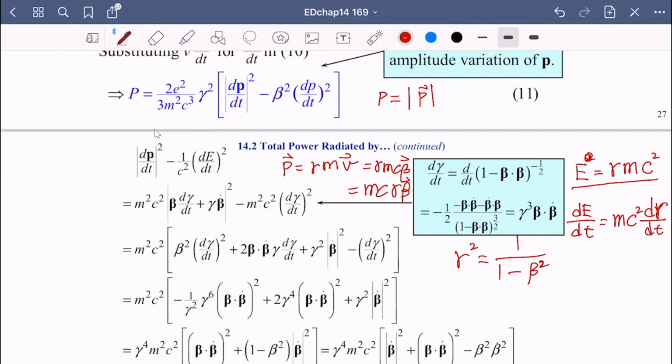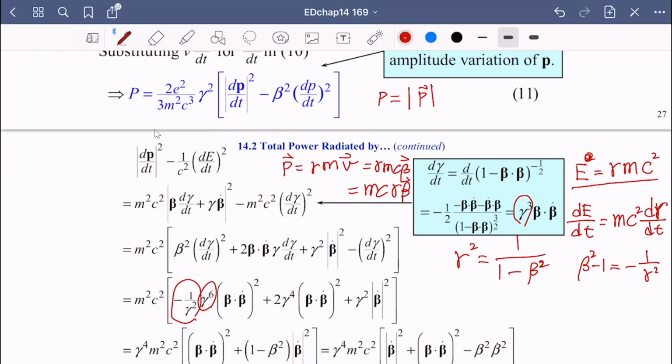Okay. So beta squared minus 1 here. Beta squared minus 1 equals minus 1 over gamma squared. Okay, that's this equation. And what else? Gamma to the 6. Okay.